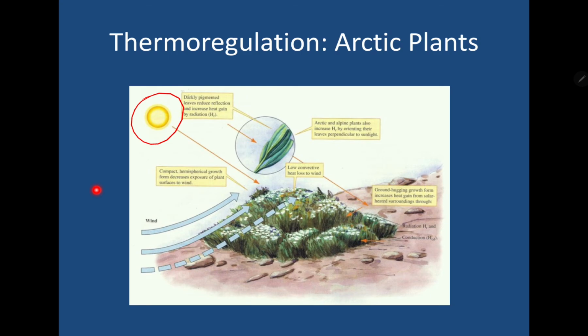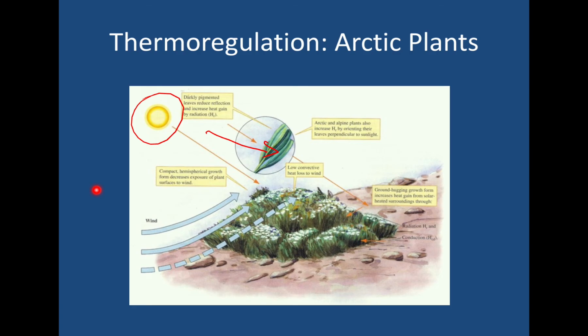So if desert plants orient their leaves parallel to sunlight to reduce contact, Arctic plants, on the other hand, orient their leaves perpendicular to the sun in order to increase the amount of leaf surface that the sun shines on. So they orient the broad face of their leaf blades towards the sun. Again, this increases heat gain.